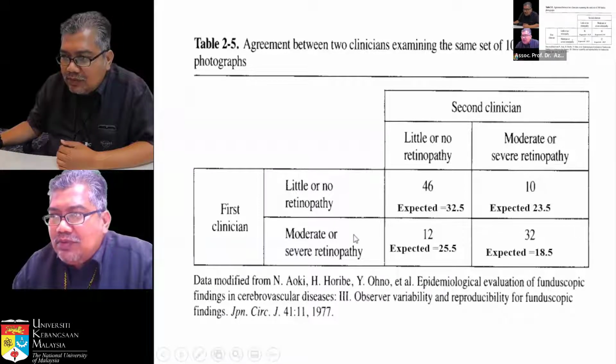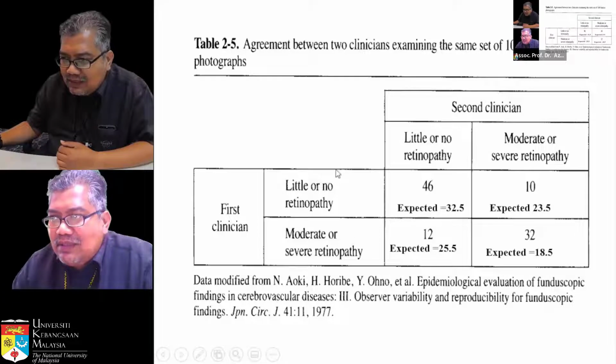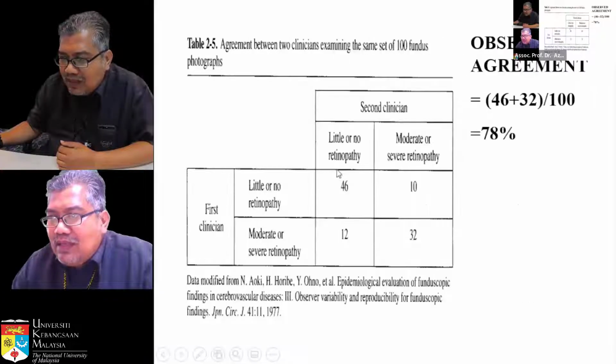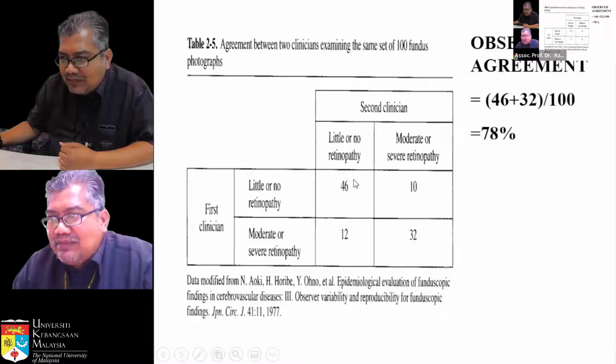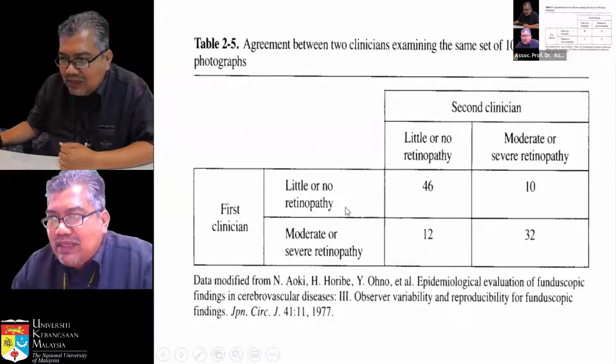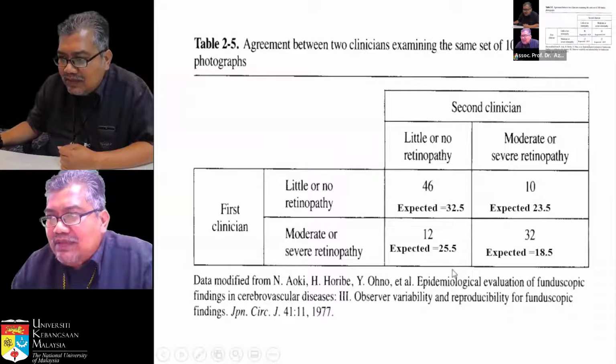You are supposed to come out with an expected table. This expected table uses the same method as chi-square. You get the sums and then you get the expected value. So you end up with values like this. For this cell, the expected value is 32.5. Here, the expected value is 25.5.